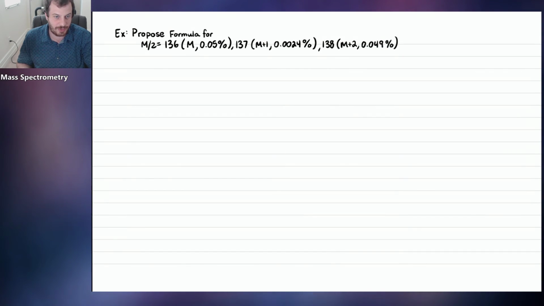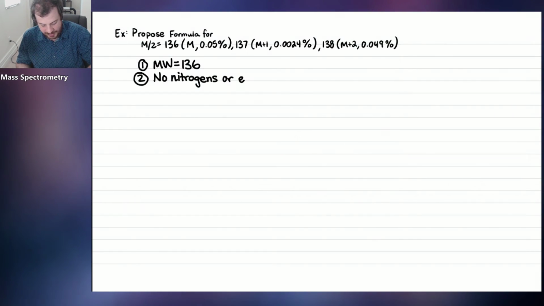So one thing I'm seeing right off the bat is, number one, my molecular weight is equal to my parent ion, which is 136. Number two, no nitrogens or even number, since the nitrogen rule says that if we have an even molecular weight, there's either no nitrogens or an even number of them. And then number three, what about halogens?